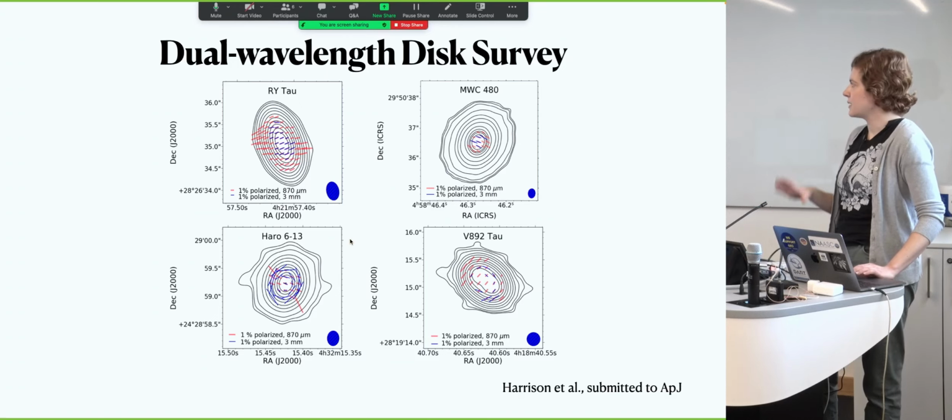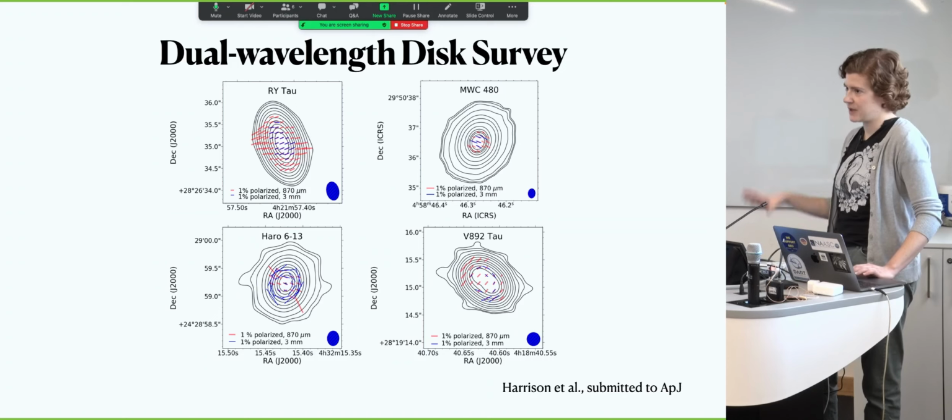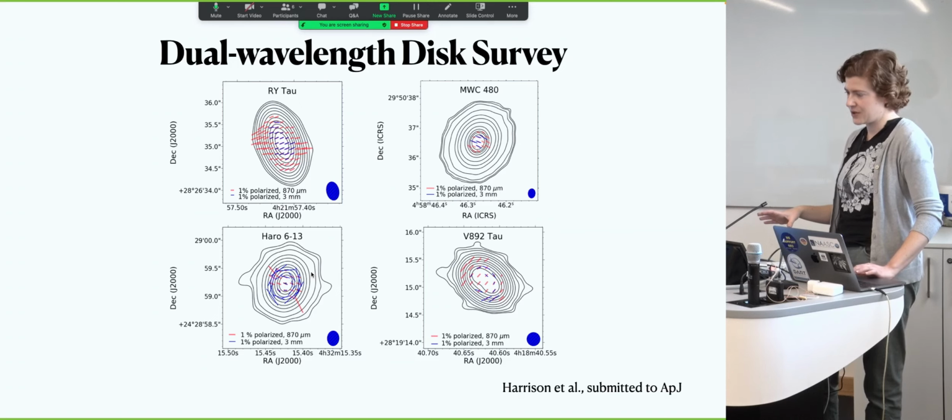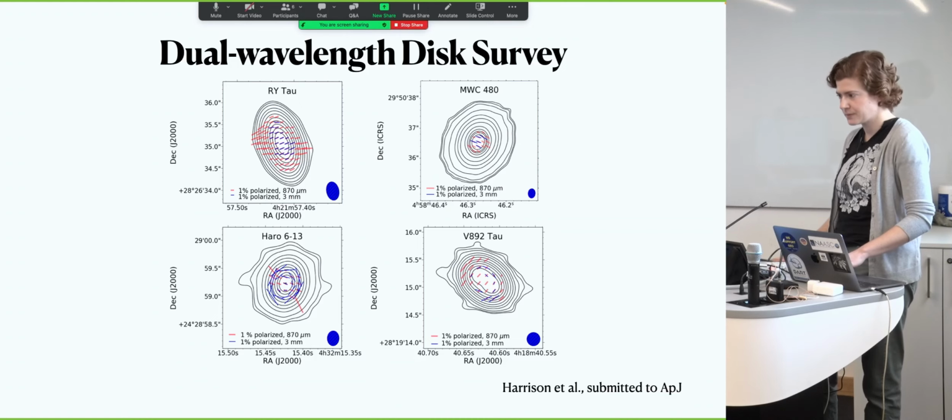So you can see that in HARO 613 and V892 Tau, we've got a similar transition of polarization patterns to what we saw in HL Tau at those wavelengths, where you go from this azimuthal arrangement of polarization vectors at 3 millimeters to having most of the polarization vectors parallel to the disk's minor axis at 870 microns. Whereas RY Tau and MWC 480 are more consistent with scattering at both wavelengths.